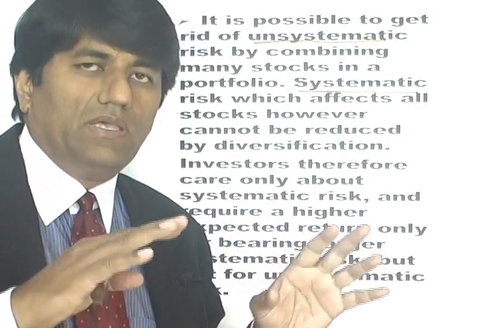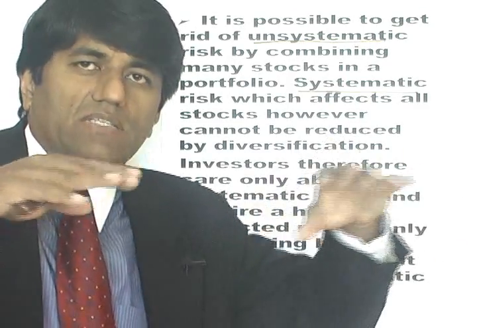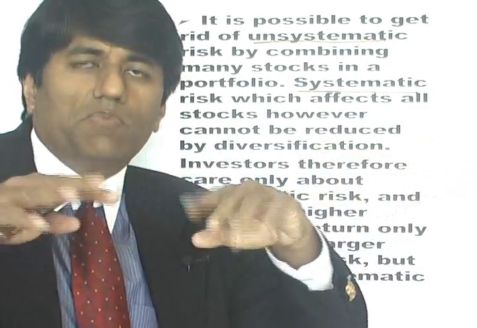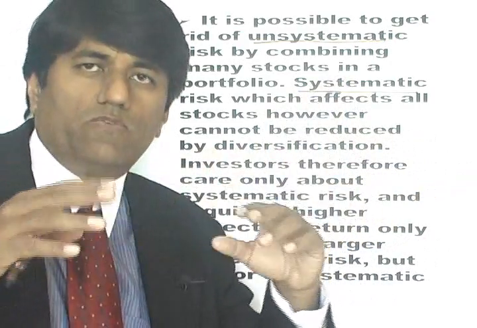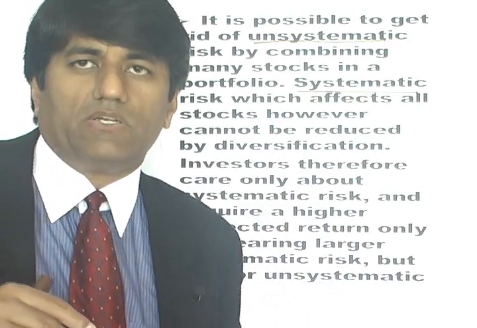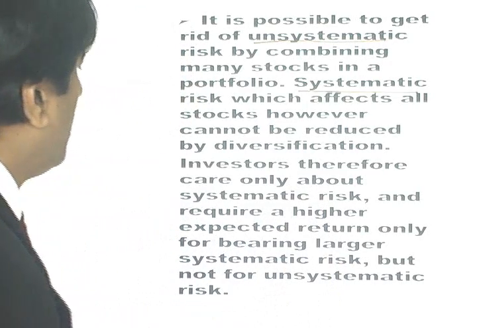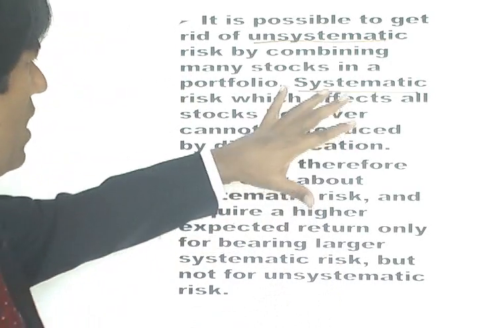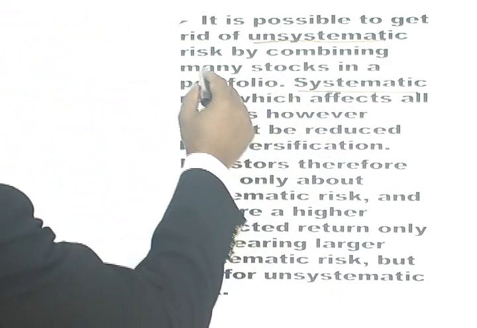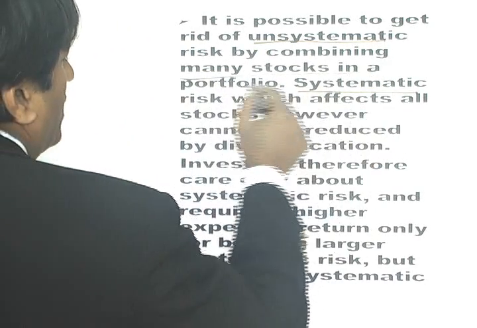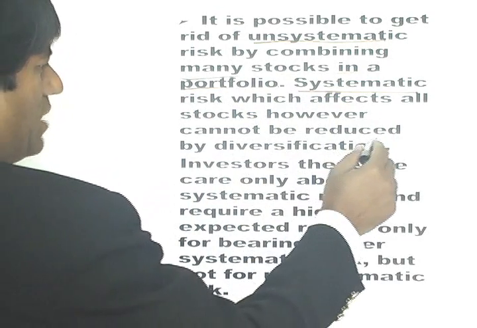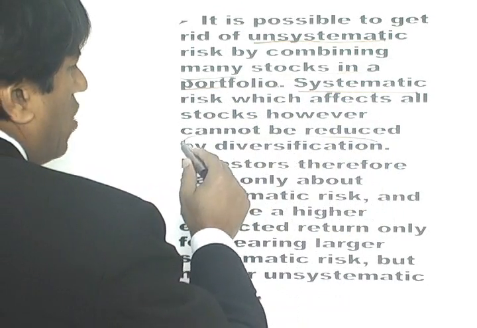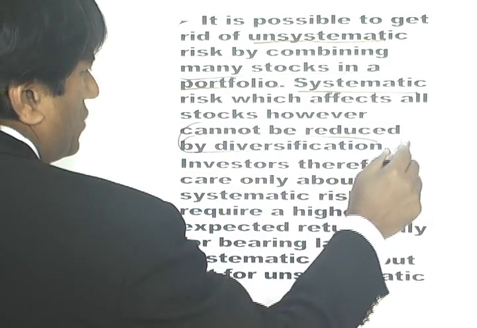Intuitively, you can see that if there are many different assets all randomly moving, then the average across them will not be moved. You don't expect it to move in any particular direction. So unsystematic risk can be got rid of by diversification. Systematic risk, which makes everything move together, cannot be got rid of by diversification.